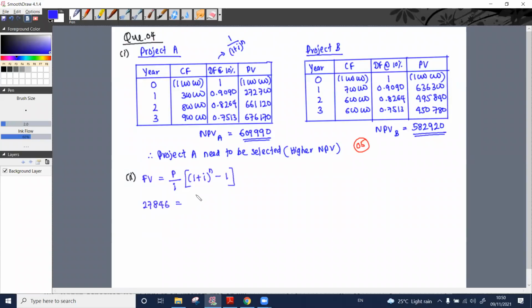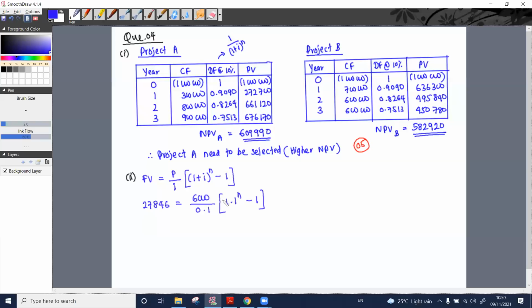The periodical payment they are making is 6,000. Interest rate is given as 10%. So here 1 plus I means 1.1 to the power n minus 1. So here we need to find the value of n. How can we do that?